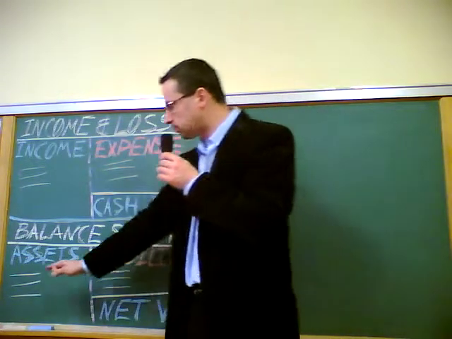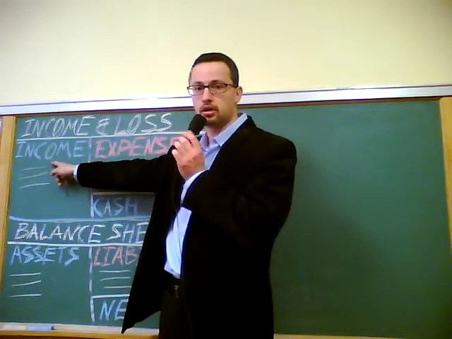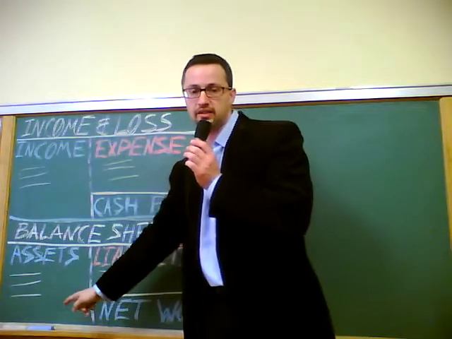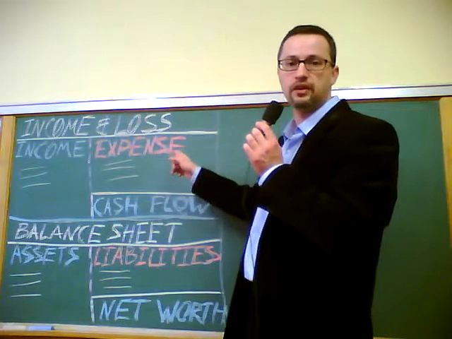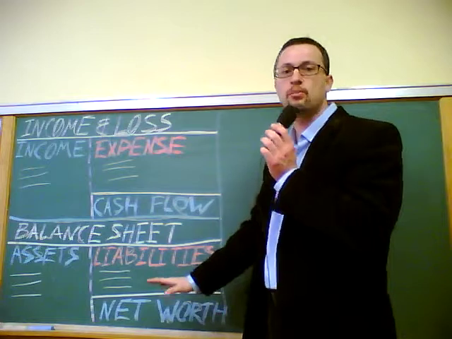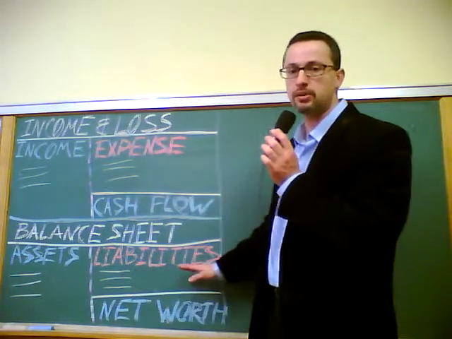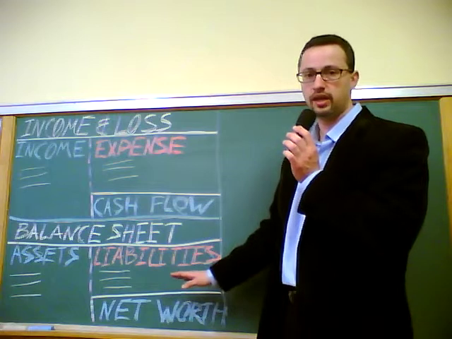So you put the Fourplex into the asset column. The $2,400 of income shows up right here. The $1,700 of expense shows up right here. One of those expenses is a mortgage associated with the ownership of this Fourplex. That's the liability. Okay?